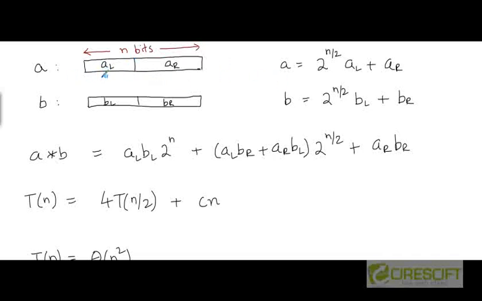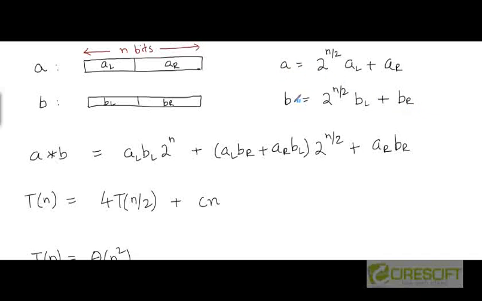If a is divided into these two halves, a sub l and a sub r, then a can be written as 2 to the power n by 2 multiplied by a sub l plus a sub r. And b can be written as 2 to the power n by 2 multiplied by b sub l plus b sub r.